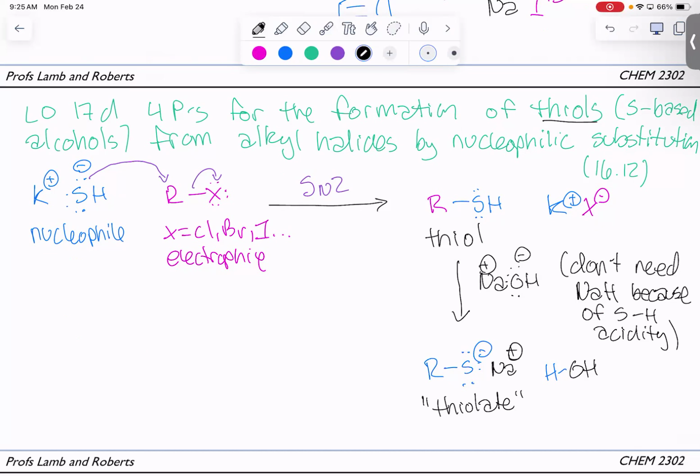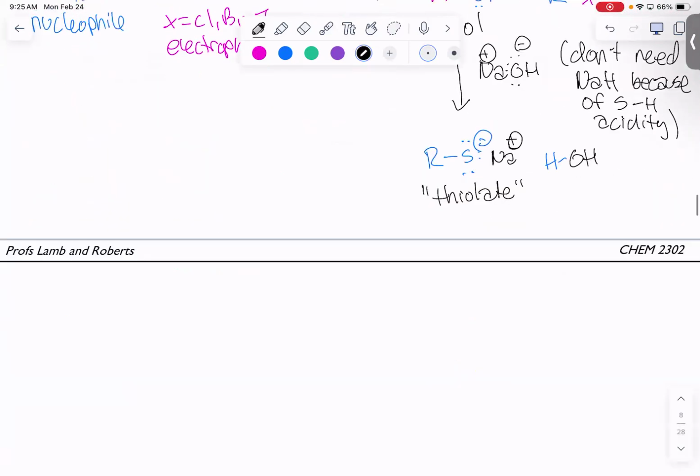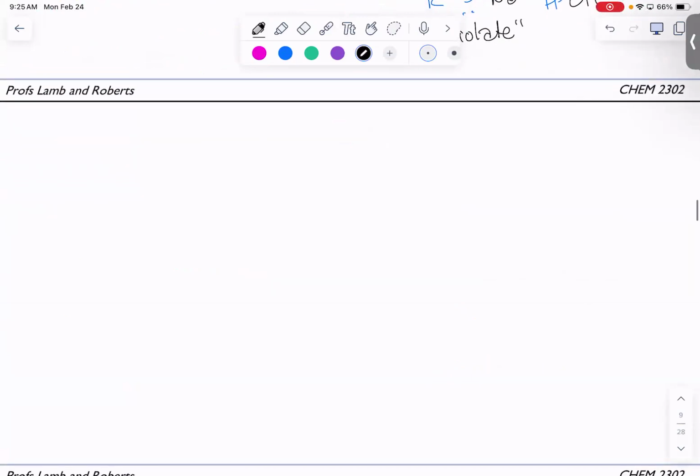All right, so now this learning objective is going to look very similar to the one before. It's the formation of thioethers. This is learning objective 17E, and this is another 4P, and we're going to see our SN2 mechanisms again.